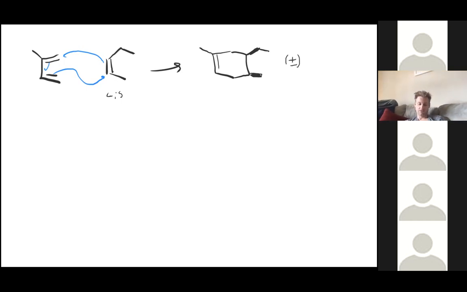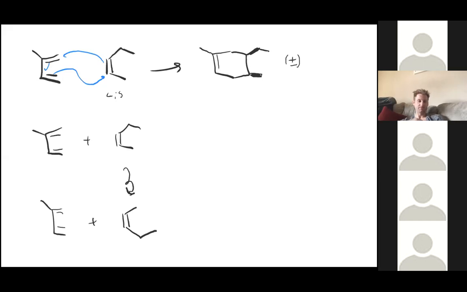The part where this starts to get tricky is that because these are asymmetric here, there's no reason that this will happen as opposed to, I'm going to flip this one over. So I'm just kind of flipping it like a pancake. Now the ethyl is on the bottom, the methyl is on the top.